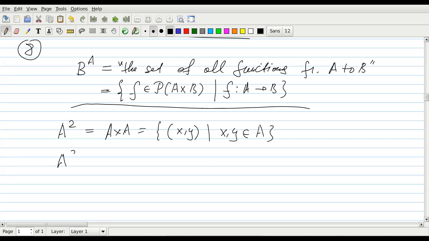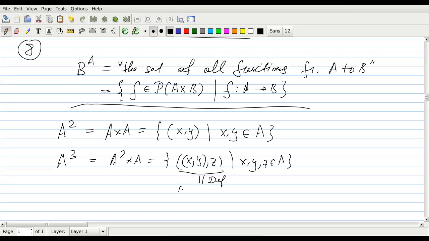What is A to the power 3? The same, but with 3 A's. Of course, this is a set of such pairs which are by definition equal to the triplets, the 3-tuples of elements. Is it clear?